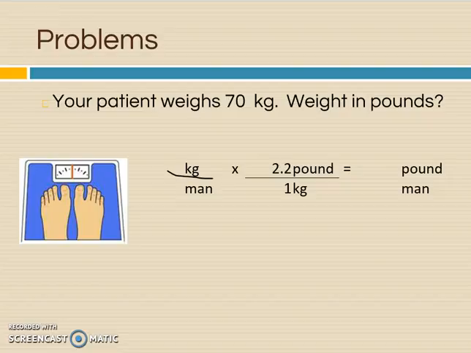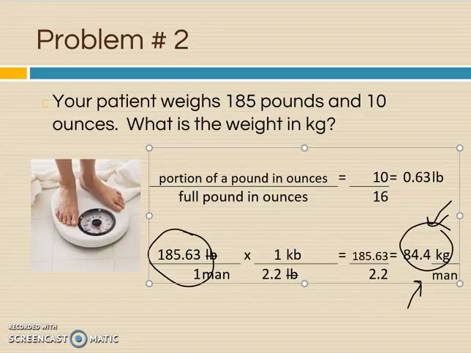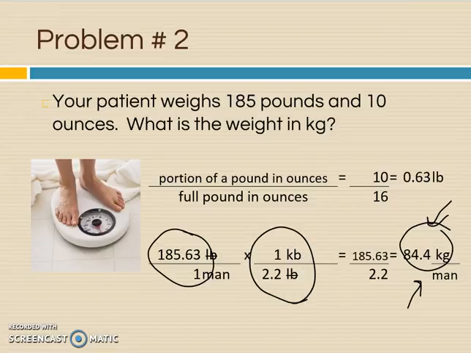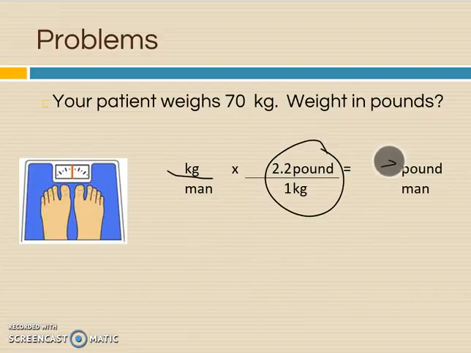Now, you remember in the other problem here, you had the kilograms on top and the pounds on the bottom. On this one, you have the pounds on the top and the kilograms on the bottom. Why? Because we want to find pounds, and it just cancels out nicely.